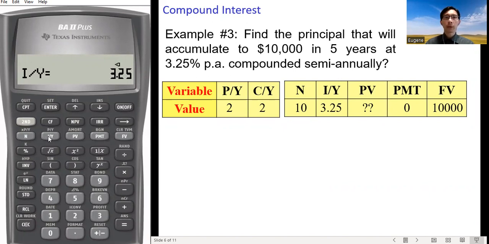We skip PV because we need to compute it. Key in 0 for PMT, and then 10,000 for FV. And then we can compute PV by pressing CPT and then PV.